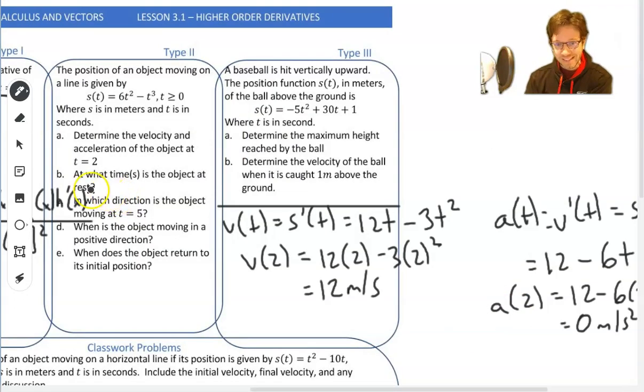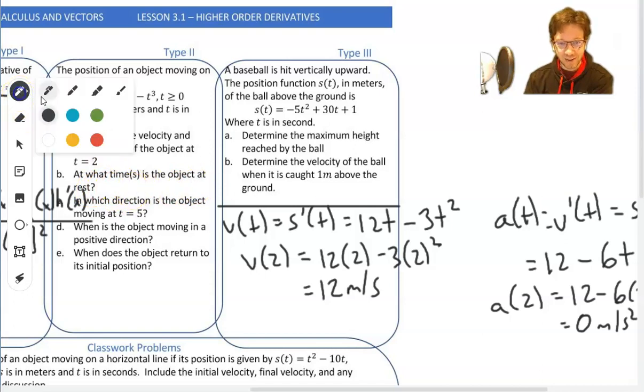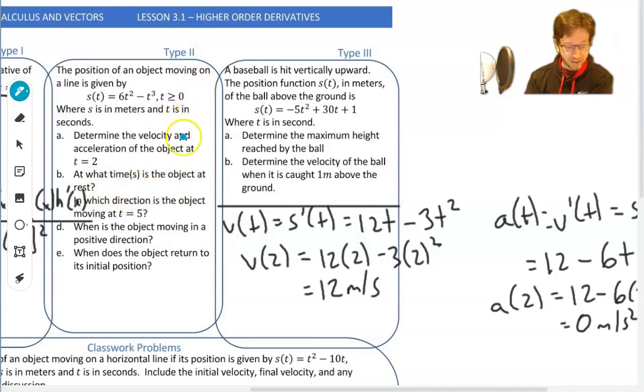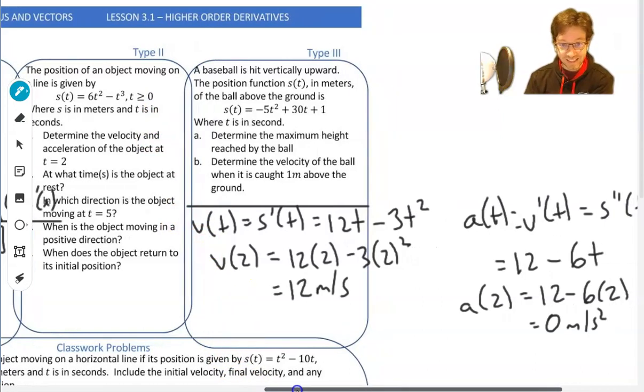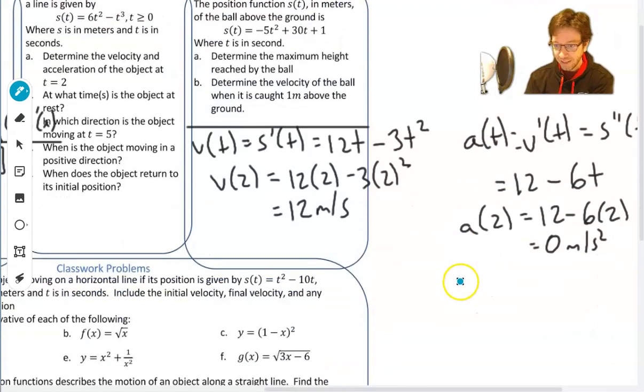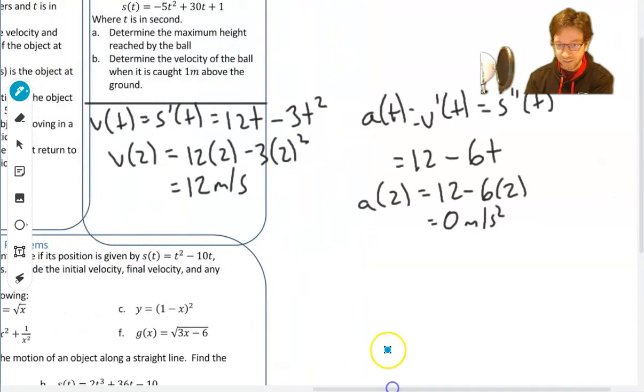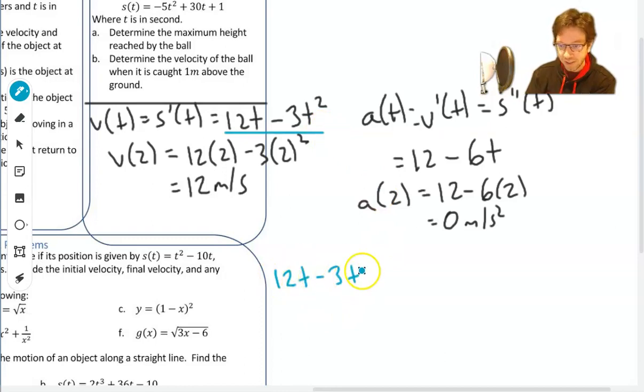Now part B says, at what time is the object at rest? Okay, to figure out when it's going to be at rest, well, that's asking about velocity, and it's asking for time. So what we're going to do is take our velocity function, which we've already solved for up here. So 12t minus 3t squared, and we're going to set it equal to 0, because we want to know when the velocity is 0.